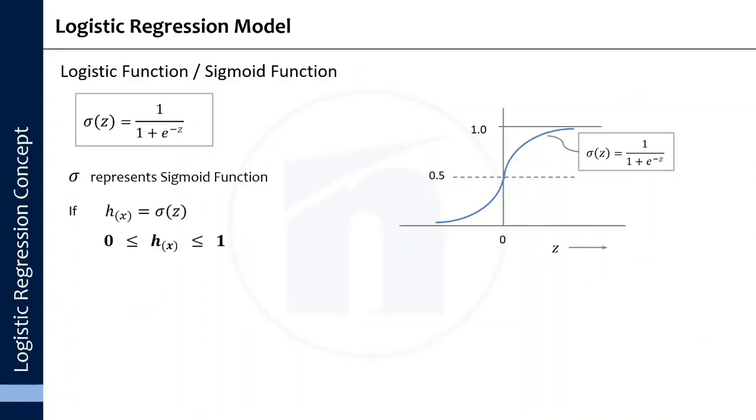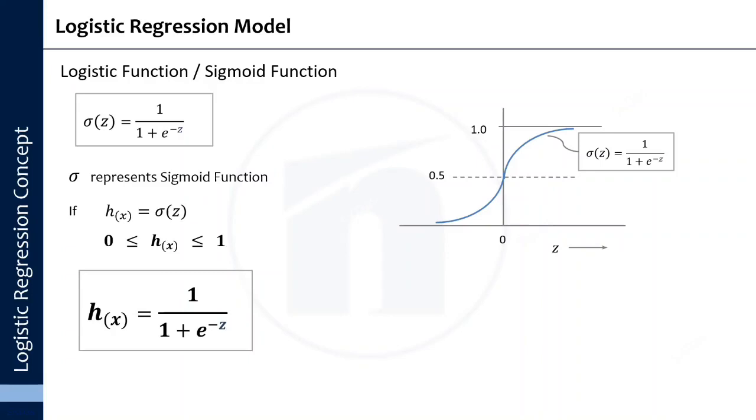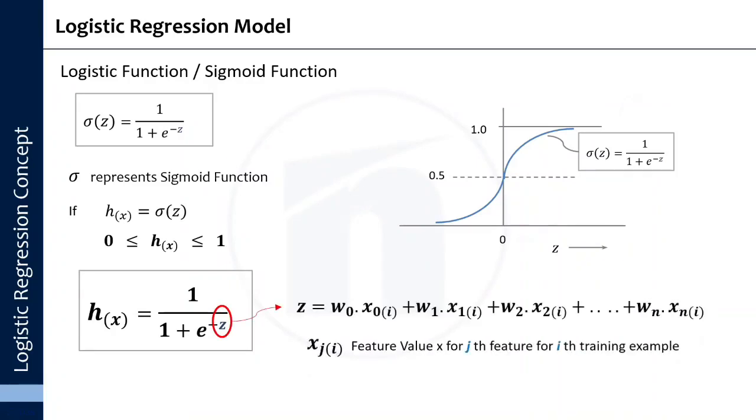In linear regression, we talked about hypothesis. Here in logistic regression, our hypothesis is h of x, which is sigma z. The value of h will be between 0 and 1. So now we can see the equation becomes h of x equals 1 divided by 1 plus e to the power minus z. So what is z? z over here is that whole equation of w0 x0 plus w1 x1 plus w2 x2 plus ... plus wn xn.